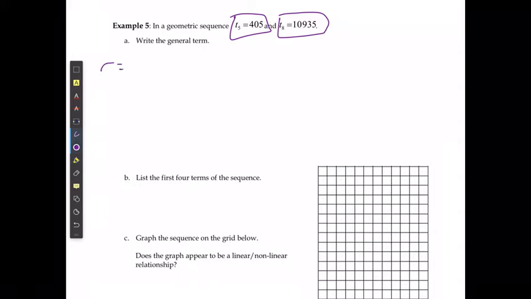My ratio is going to equal, well, I have 8 minus 5 terms, and that's going to be my index of that, 10,935 divided by 405. Or 8 minus 5 is going to be 3, and 10,935 divided by 405 is going to be 27. I'm multiplying by 3 every single time.